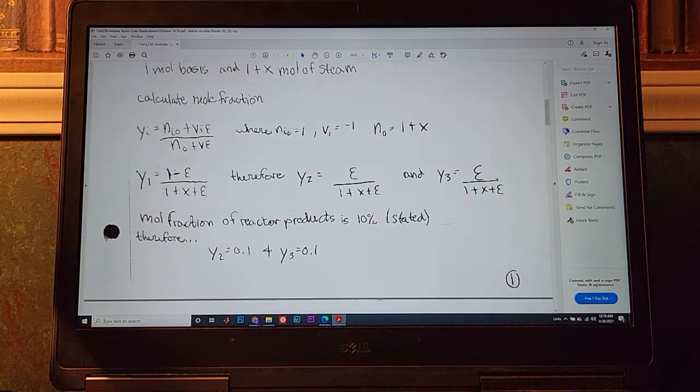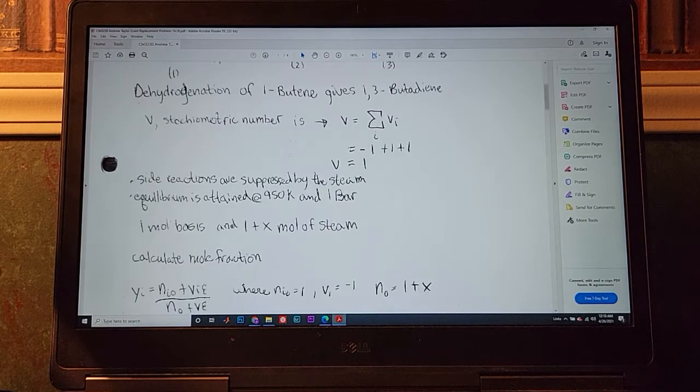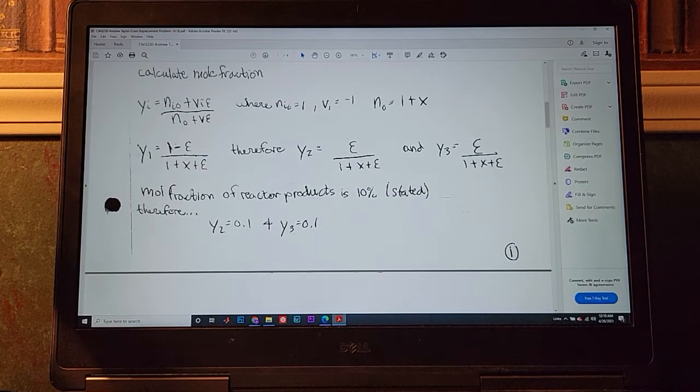We start off with our equation. Ni0 equals 1, V equals -1, N0 equals 1 plus X. After plugging them in, you can find what your equation would be for the mole fraction of species 1, and then species 2 is the supplement to the reactants, so species 2 and 3 are as follows.